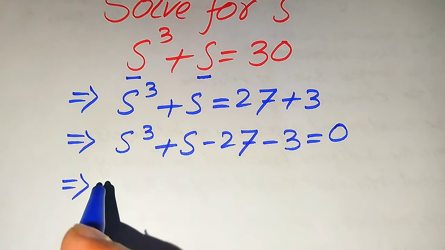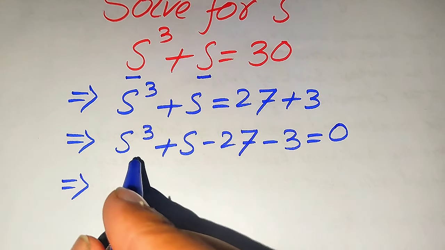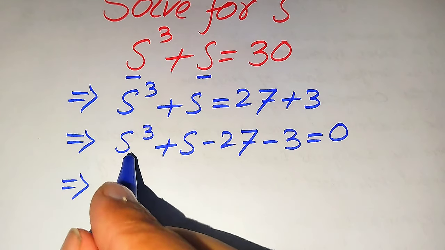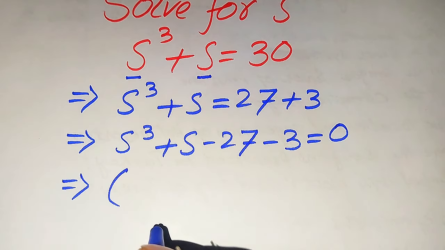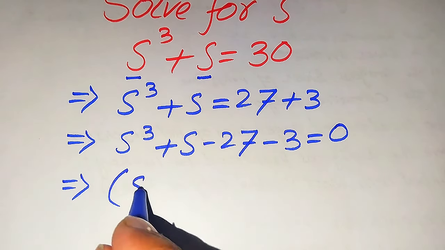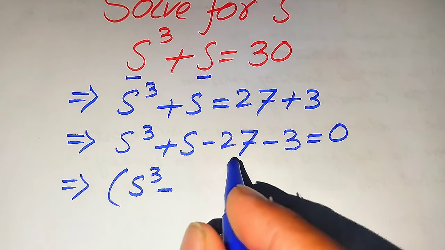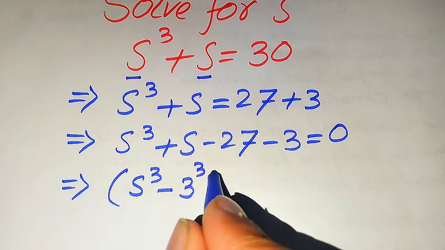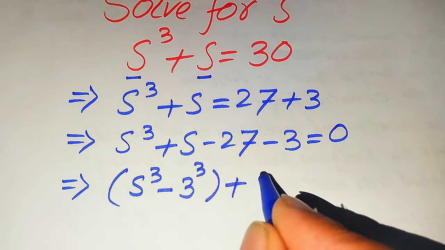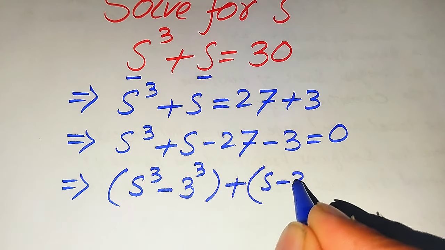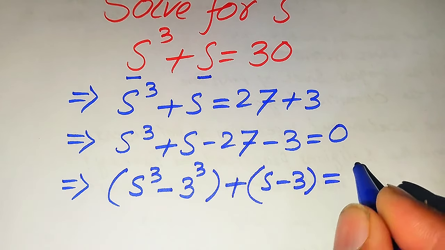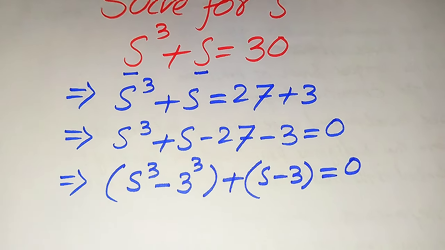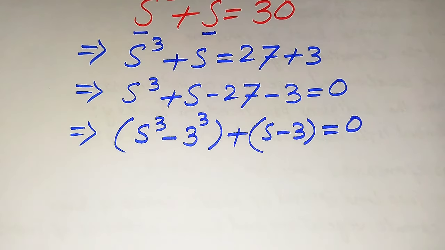And now in the next step we need to make the pair of cubic term with cubic term. So this is our cubic term and this is minus 27, so we write this 27 as 3 cubed, and plus here we have s minus 3, and this whole equation is equal to 0.